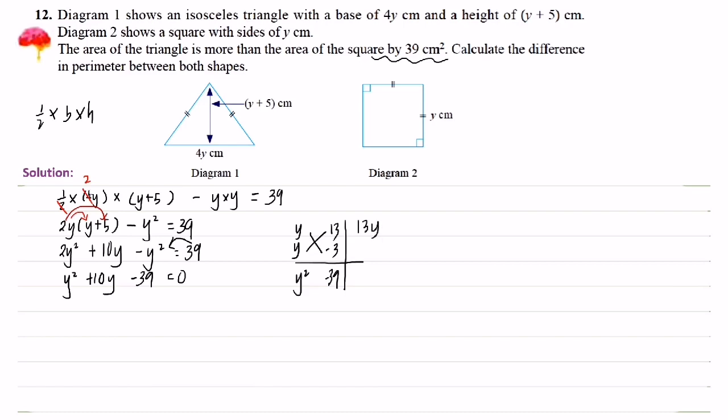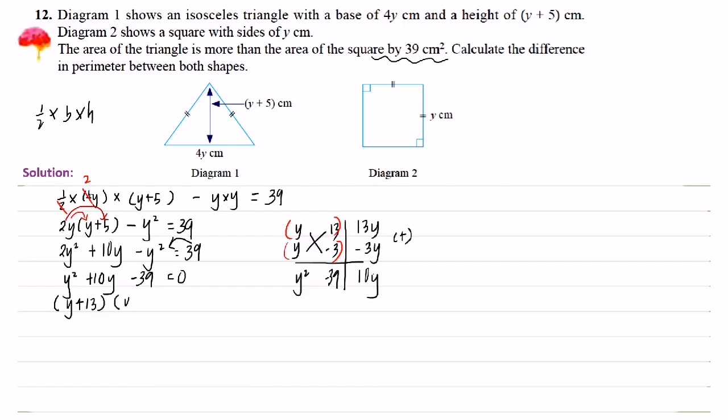13y, negative 3y. So we add it. 13y plus negative 3y equals 10y. Okay, so now we put it in bracket. y plus 13.